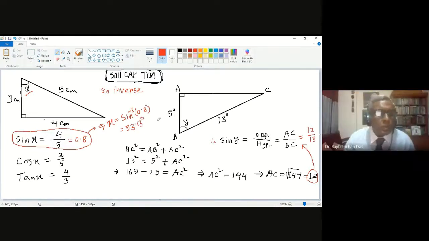So you now check the angle, you now check the figure. Is this the same angle, same answer? What do you think? Do you think 53 degree is possible?